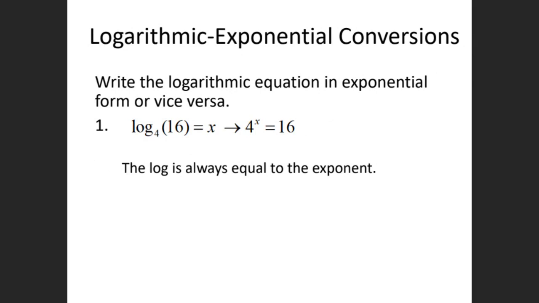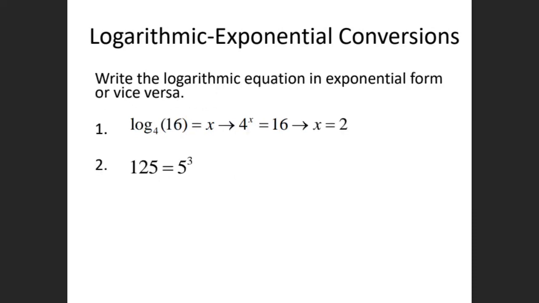The input of the log is the output of my exponential. So 4 to the x is equal to 16. How do I solve this? Well, now I can solve it using my one-to-one property as well. I can convert the 16 into an exponent, and I can say that 16 is the same thing as 4 squared, so x has to be equal to 2, okay, if you didn't see it.